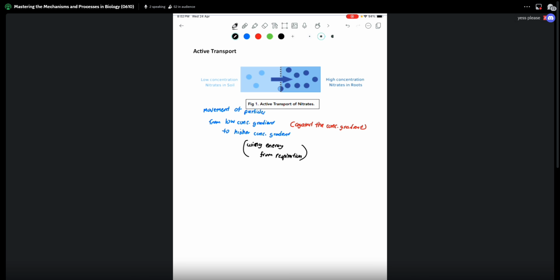Active transport will of course have a protein. They always have a protein on the membrane, and this protein can help to shuttle these molecules they want to move to the other side, from a lower concentration gradient to a higher concentration gradient. All right. For plants it is silent, but the phloem moves things up and down. So what's the mechanism in the phloem? Okay, I will come to that later on. So we go step by step.